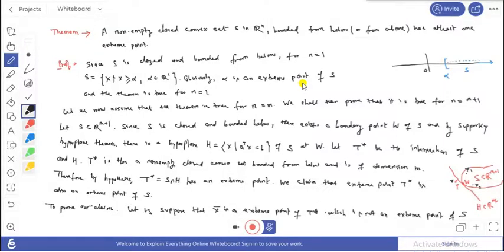By the supporting hyperplane theorem, you know that A transpose x1 and A transpose x2 are both greater than or equal to b, because this is your hyperplane. When we take A transpose x1, this is greater than or equal to b because this lies in one of the half planes.